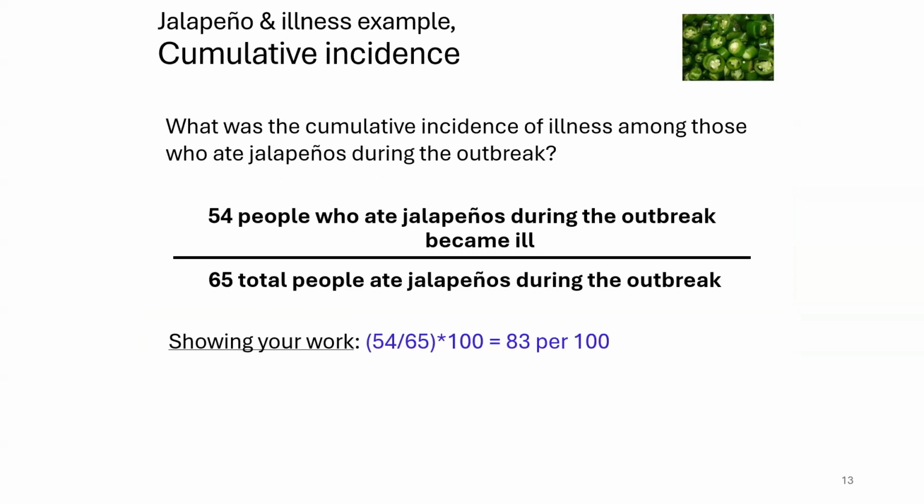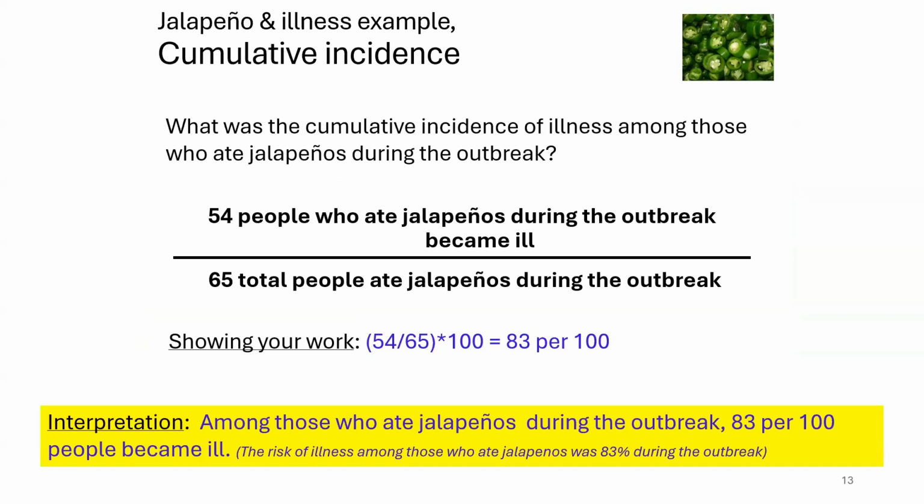So in looking at the cumulative incidence or the attack rate of those who ate jalapenos during this particular outbreak, we had 54 people who ate jalapenos and became ill, and 65 people who ate jalapenos in total. So you have the people who became cases and the people who were at risk of becoming cases.